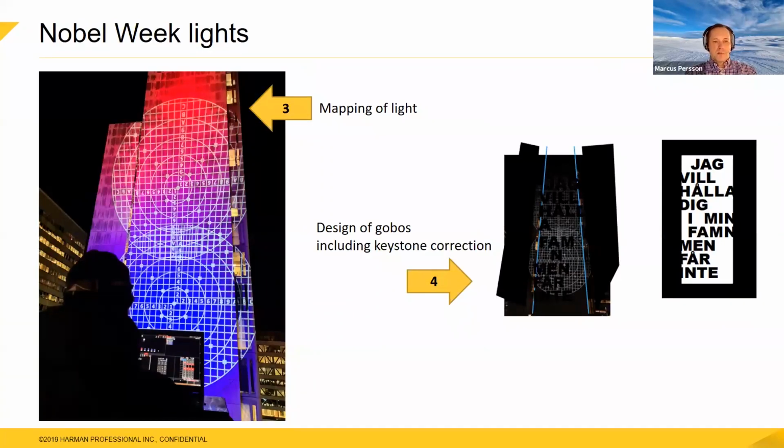And here's the starting point of gobo mapping. Here you can see the image from 2 EP1000s with a grid gobo selected. The fixture was situated about 45 degrees below the facade. So the need for keystone correction was important here, and also to align the 2 projectors into one tall image.